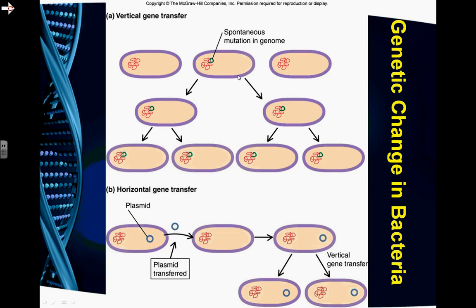So that is vertical gene transfer. Okay, it happens all the time during binary fission. But when you're talking about a mutation that just spontaneously occurs within the cell, then we term that vertical gene transfer.